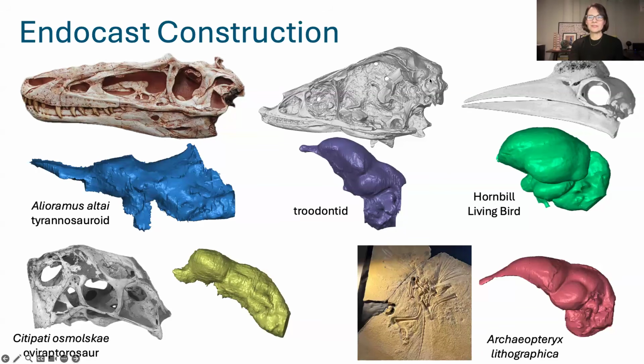But we've done this for troodontids and tyrannosauroids, pseudopodius, the dinosaur that I just showed you, and even Archaeopteryx, which is a very famous fossil because I think it was discovered in 1862, if I'm correct. I might be a year or two off there.